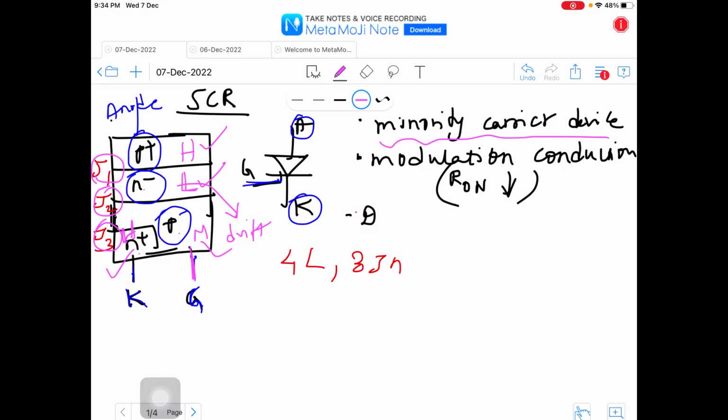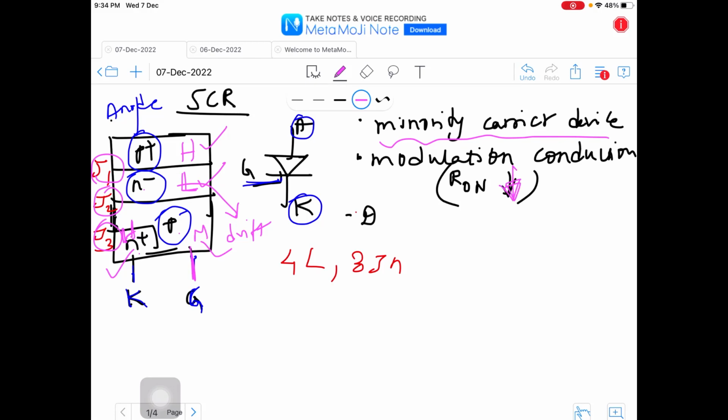So since layer 2 is a drift layer, it is a contributor for conductivity modulation. Since it is lightly doped, definitely it will help the electrons and the holes to enter into that lightly doped area for the recombination, and hence it will help the resistance go down.